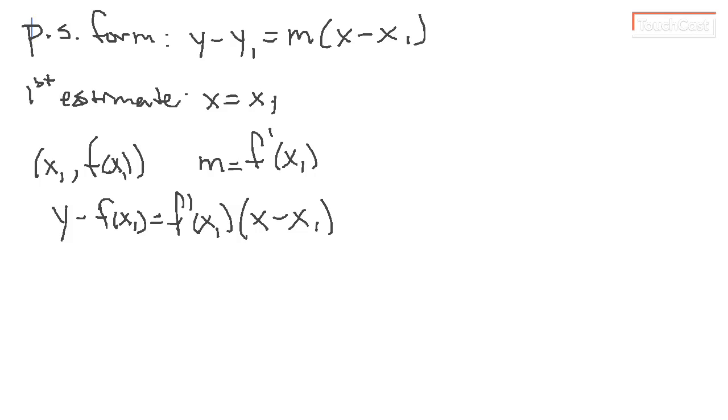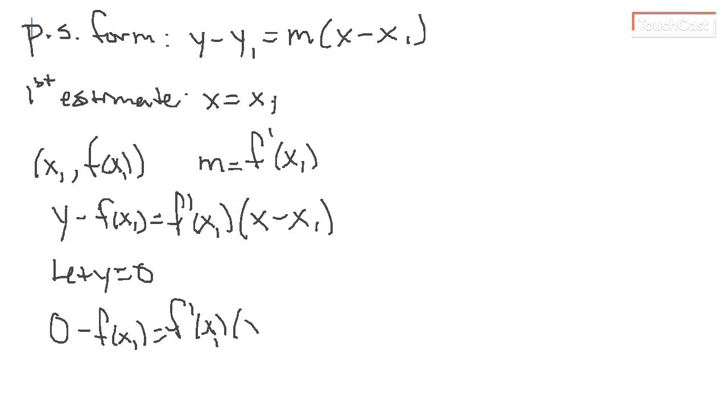And since we're trying to find an x-intercept, that means we need to let y equal 0. So that means we can write 0 minus f of x1 equals f prime of x1 times x minus x1.